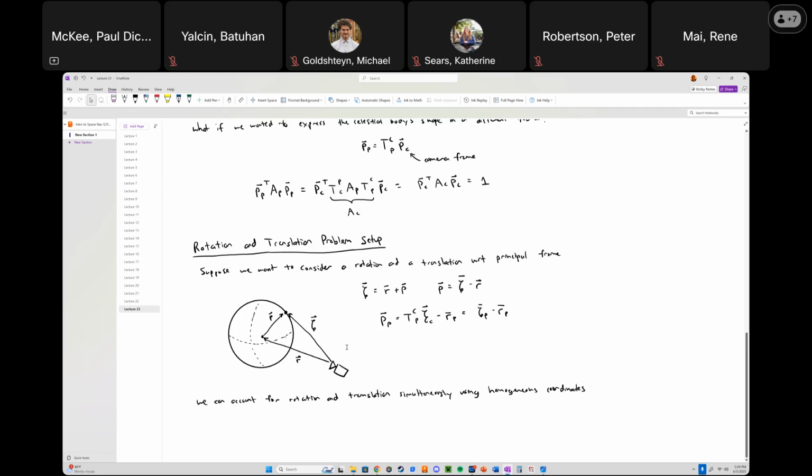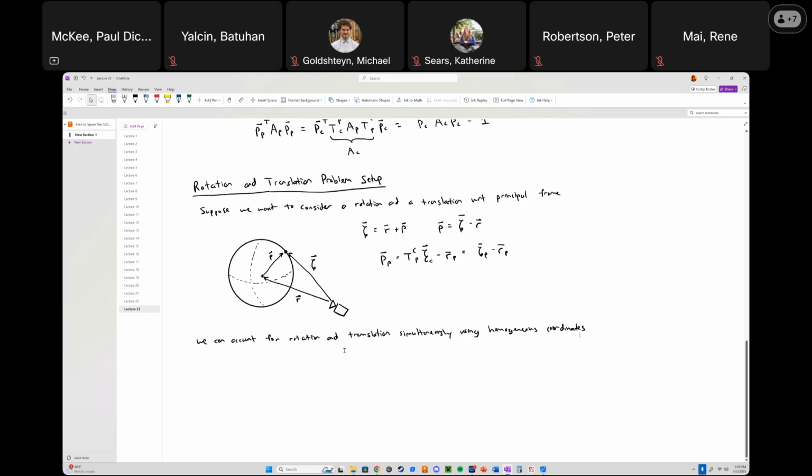Okay. So this is where, again, we are going to introduce a new notation. And sorry about that, this is going to be a little bit confusing. We're going to say that P hat, the hat is not a unit vector in this lecture.